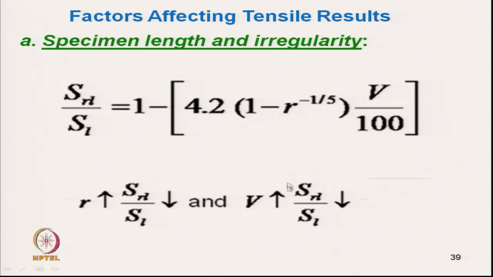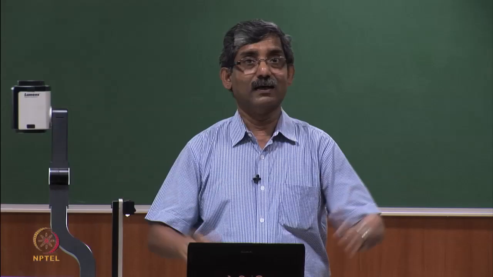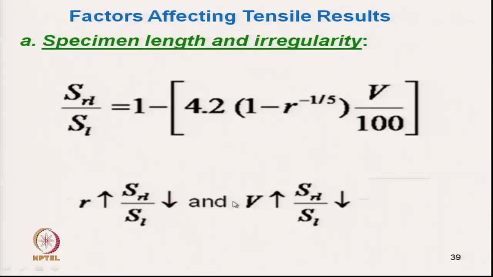So, this ratio SRL by SL decreases with the increase in the R value, which means the specimen length, and the V value. The V value is nothing but the specimen irregularity.